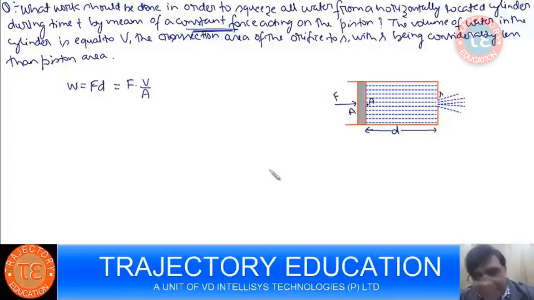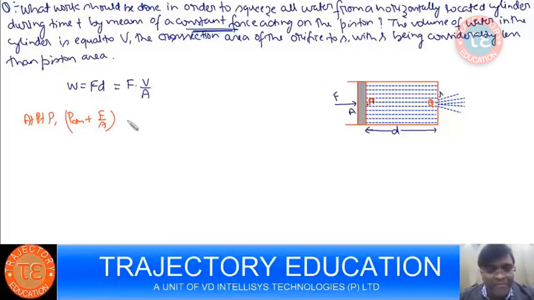Suppose this is point P, this is point Q. So at point P, the static pressure is P atm plus F by A. When you apply force, static pressure becomes high over here, and let's say the velocity with which the piston is moving is V dash.